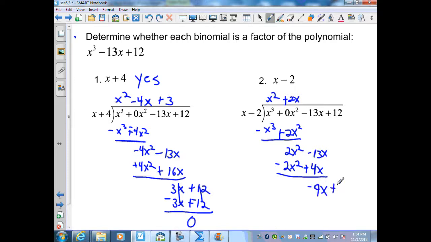Bring down the positive 12. And x times what gives me a negative 9x? That would be a negative 9. Negative 9 times x is a negative 9x. And negative 9 times a negative 2 is a positive 18. Change the signs. And 12 minus 18 gives me a remainder of a negative 6.